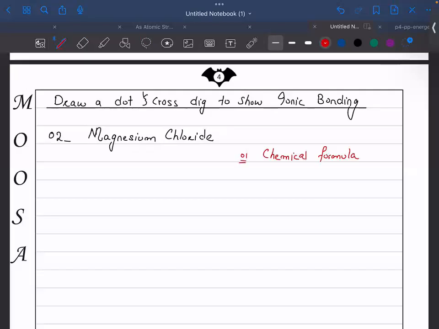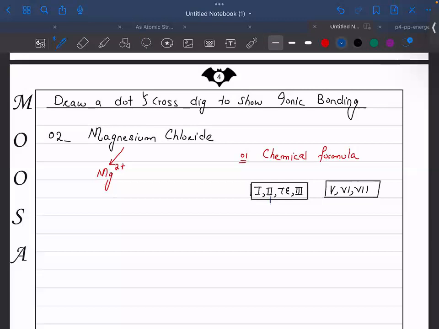So how would you make the chemical formula of magnesium chloride? Magnesium is from group 2. So it forms a charge of 2 positive ions. And we are sure that magnesium chloride is an ionic compound. Reason being because we already discussed that if any of the element from group 1, group 2, transition element or group 3 makes a bond with any of the element from group 5, group 6 or group 7, then such a bond is an ionic bond.